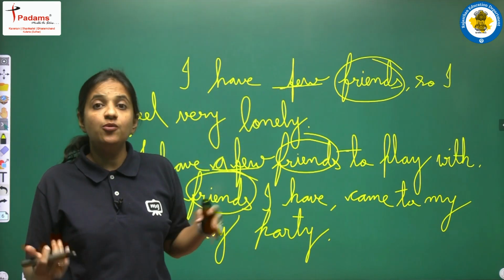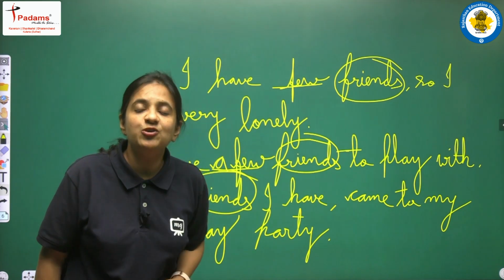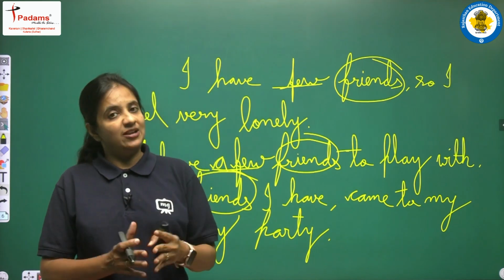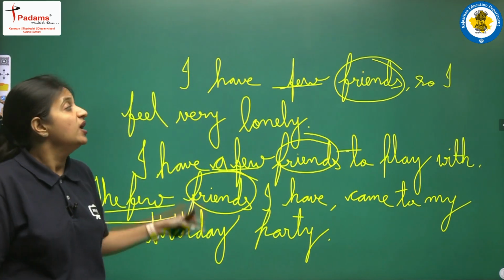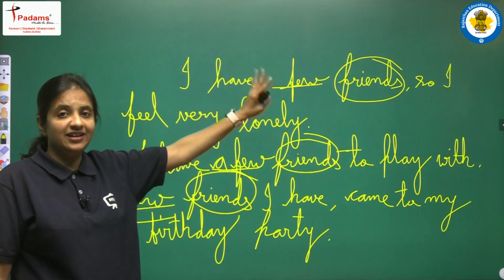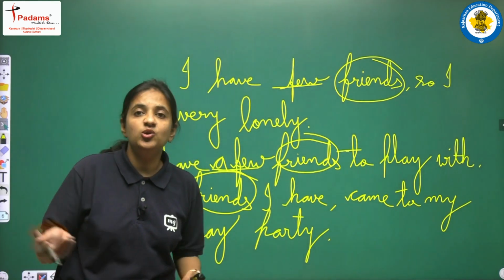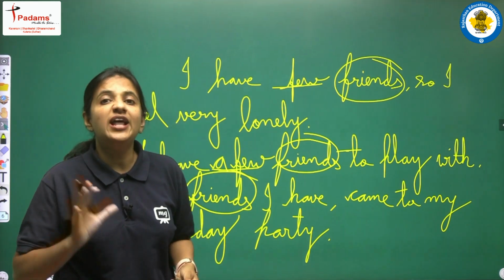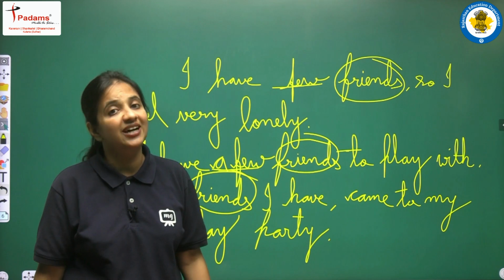Whenever we are trying to give positive sense, then we have to use a few. And whenever we are trying to indicate the total number, whenever we are talking about the totality, then we have to use the few. And one thing is common here, that all these three words will be there according to countable and plural nouns. Alright, so this is about few, a few and the few.